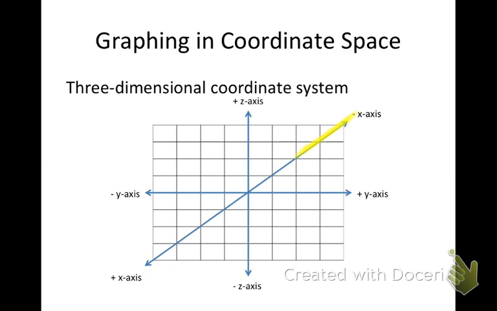Again, my x-axis is coming out at us, out of the wall or out of your piece of paper. Notice this is my x positive direction, x negative, y positive, y negative, z positive, and z negative.